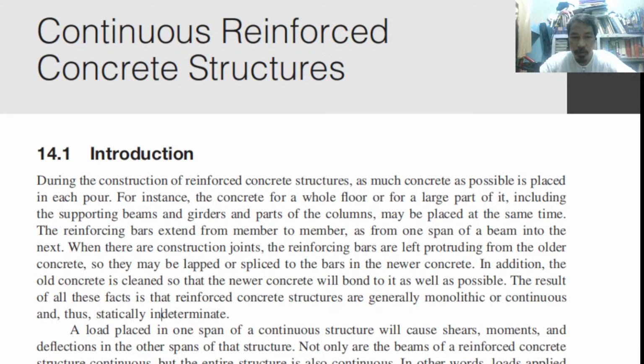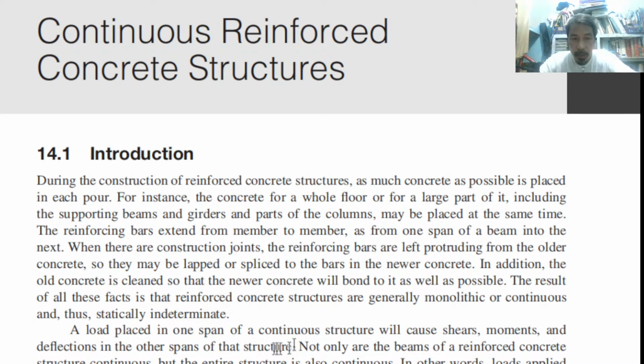Anyway, because it is the case on many occasions, from the point of view of theory of structure, it is statically indeterminate. There are three types of statically indeterminate structure in our theory: fixed, continuous.